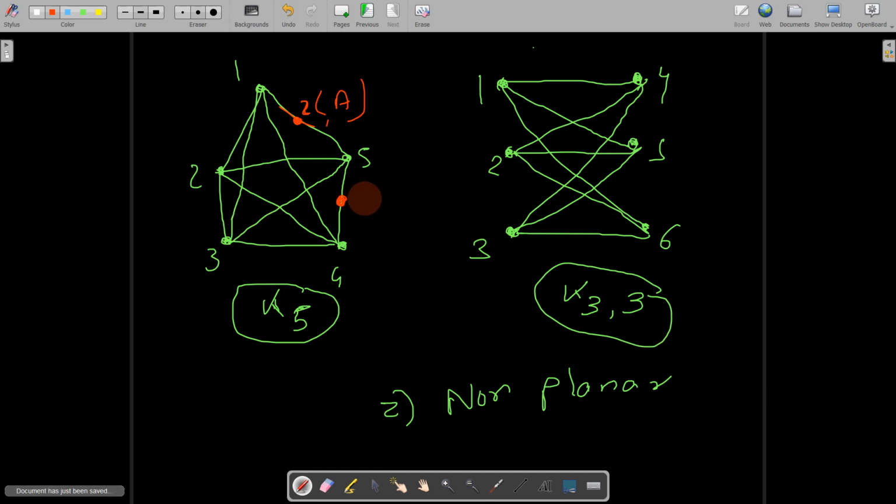Okay. So suppose this is A, B, this is C, this is D, this is E, and what you do is you have redrawn this. We'll erase the remaining things.